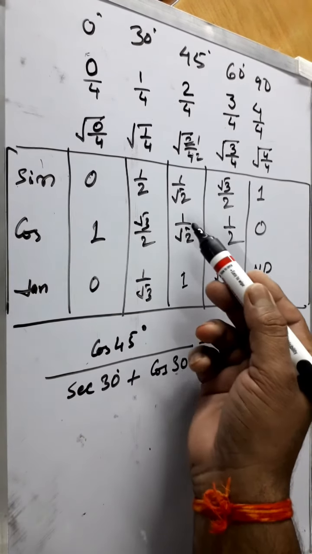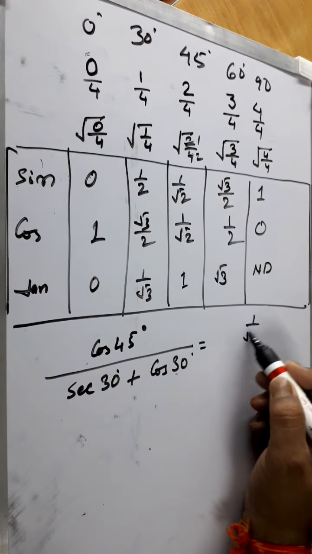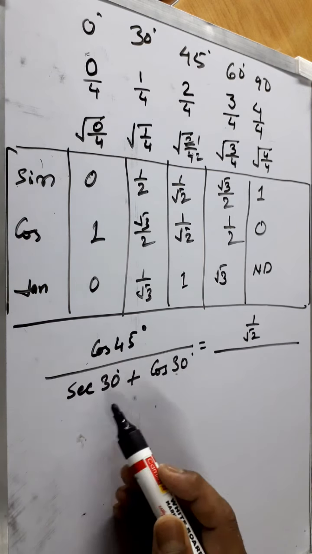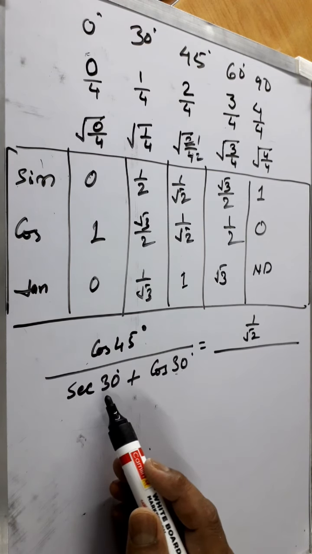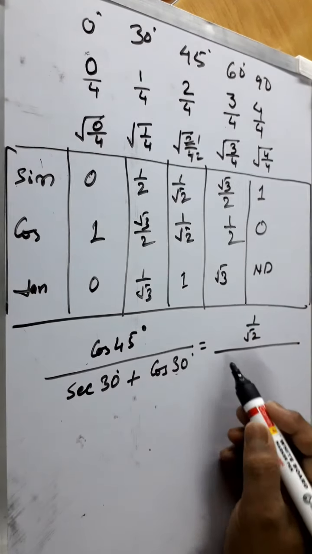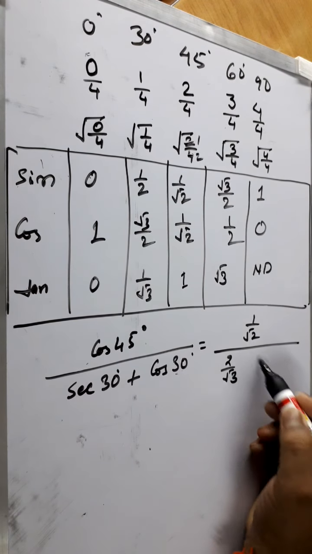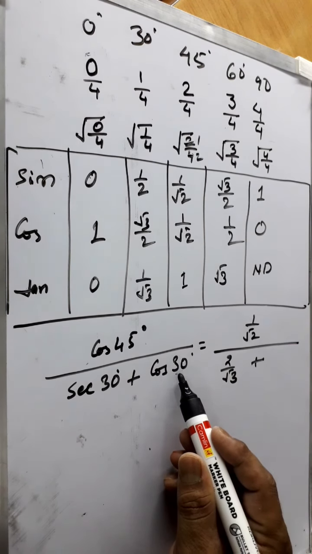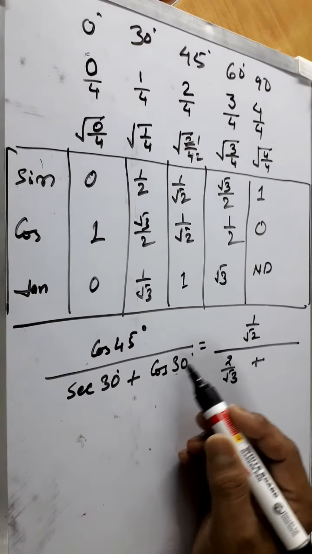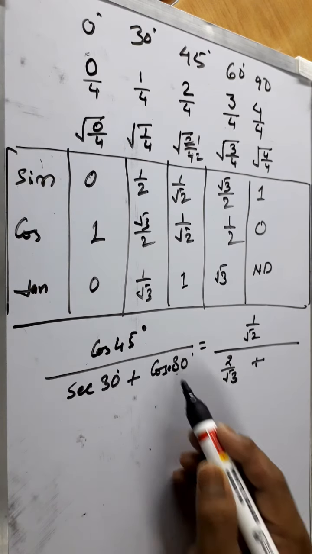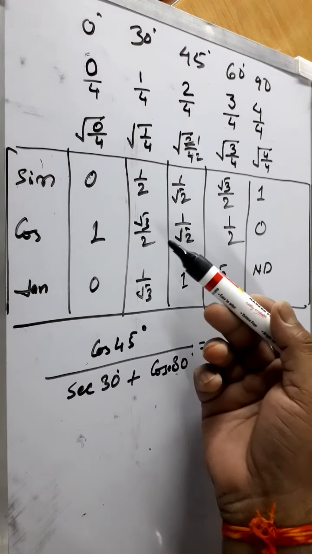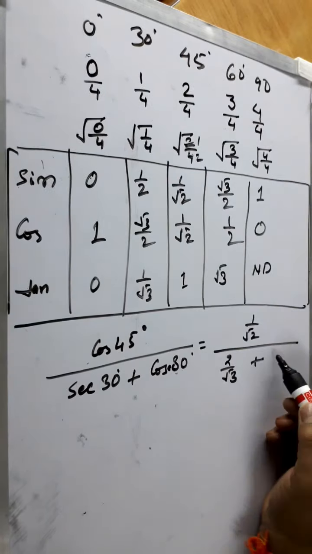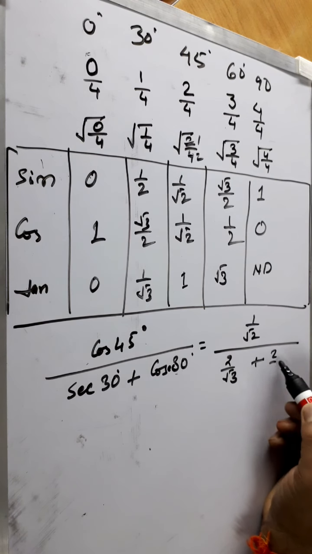Cos 45 we have 1 by root 2. Sec 30 means reciprocal of cos 30, 2 upon root 3. Now, it is not cos 30, it is cosec 30. Cosec 30 will be reciprocal of sin 30, that is 2 by 1.